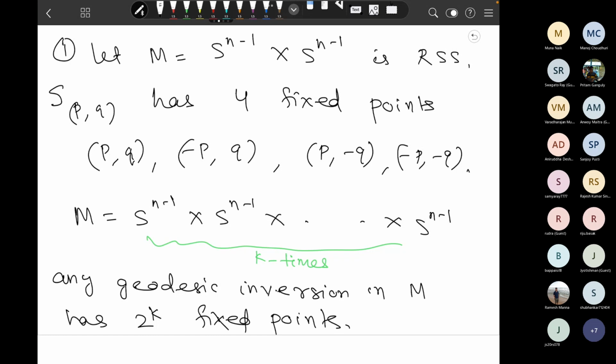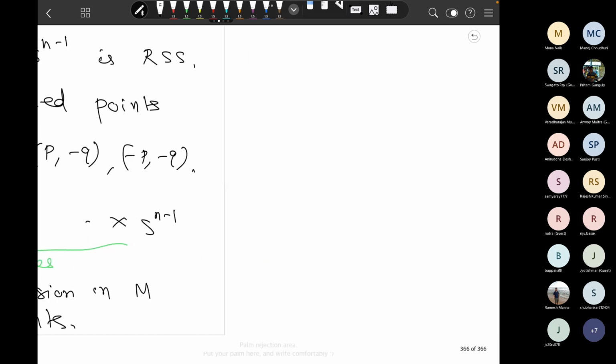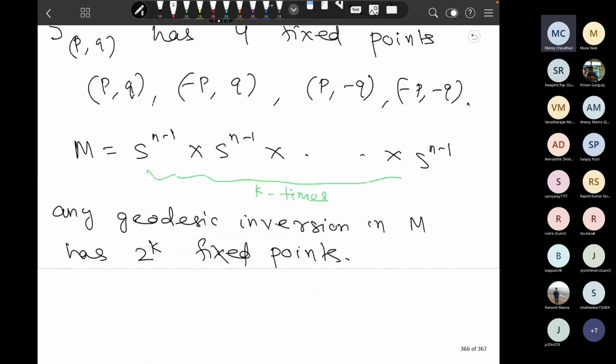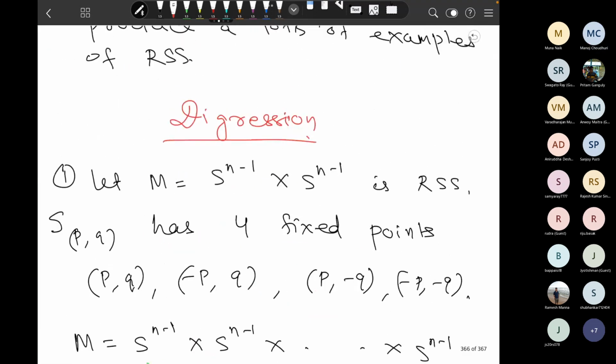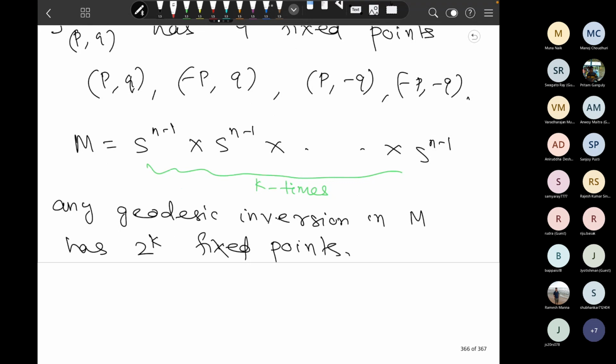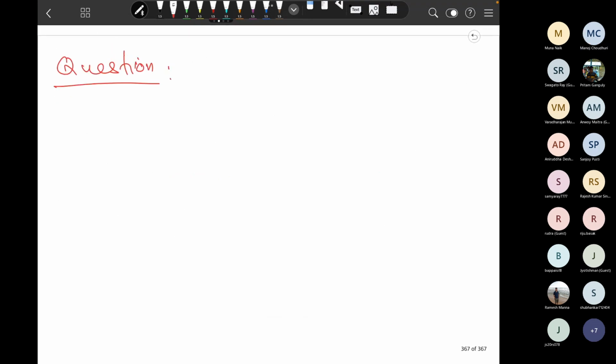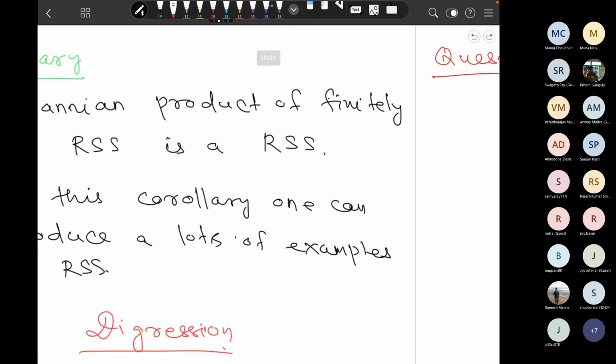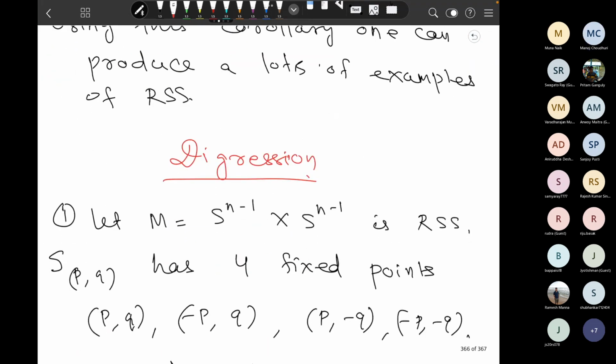First, let us look at that thing. Then we will go to something interesting. Question: what do you mean this happens? What happens, does it have more than one fixed point? More than one fixed point. Okay. They can have more than one fixed point, but he asked whether in the case of a non-compact symmetric space it happens.